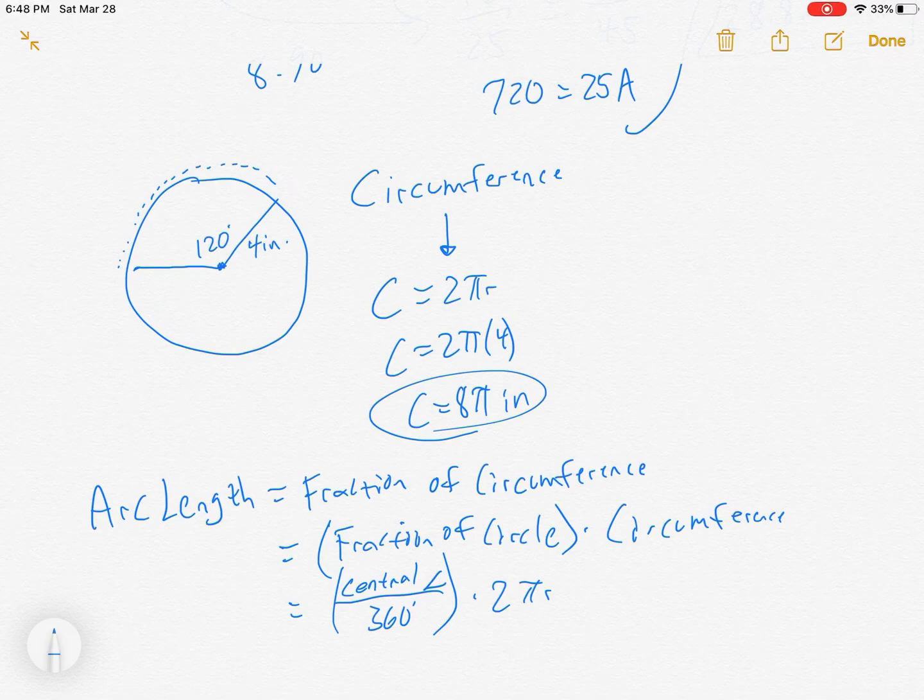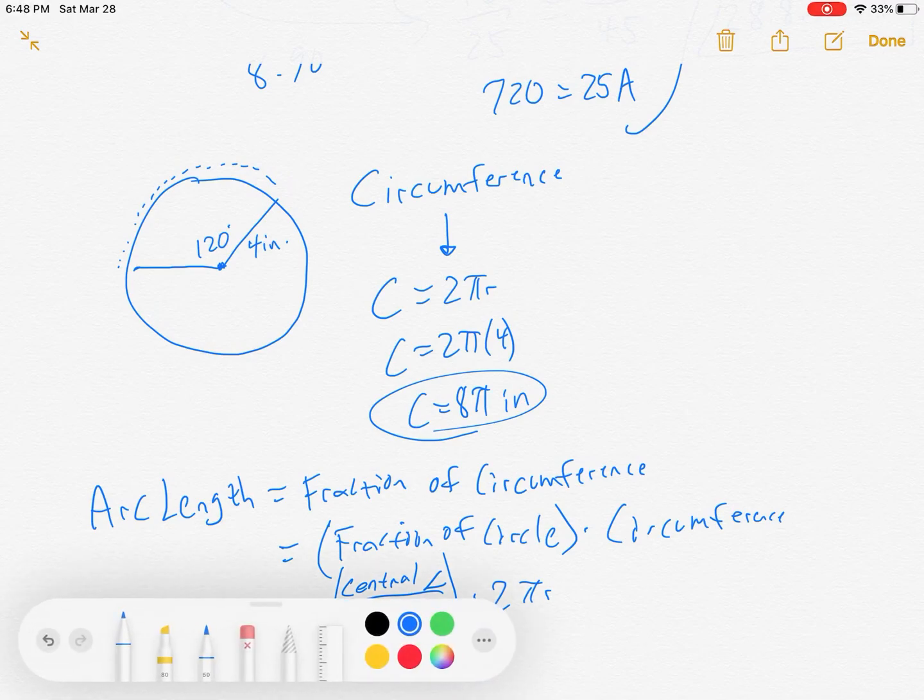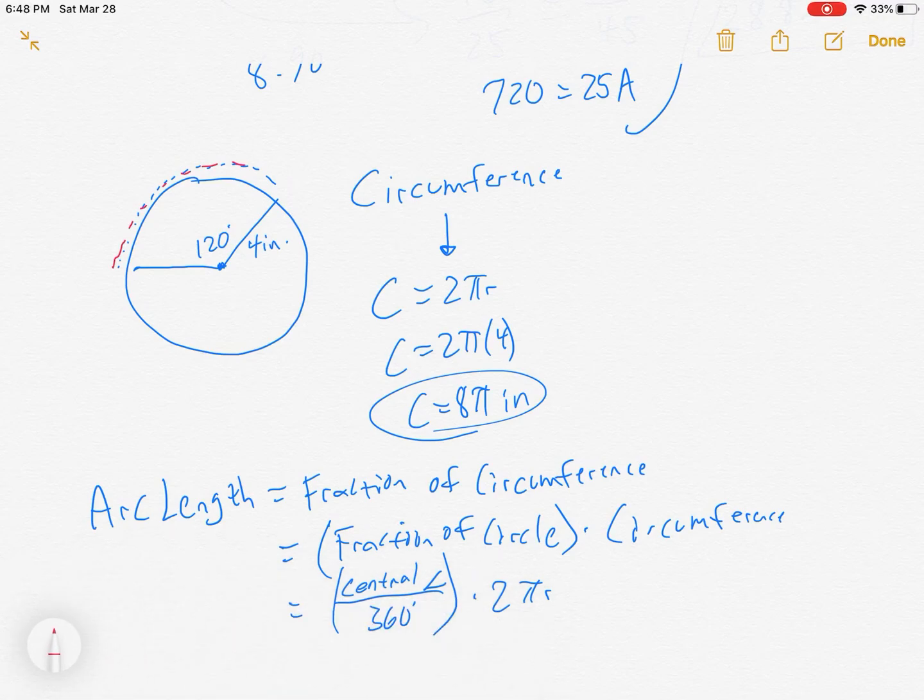which we know from before is 2 pi r. So in this problem, let's call that x. If you want to find x equals 120 over 360.